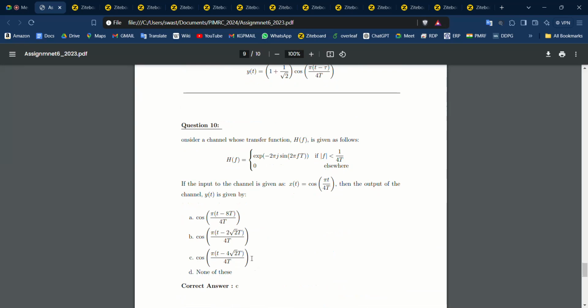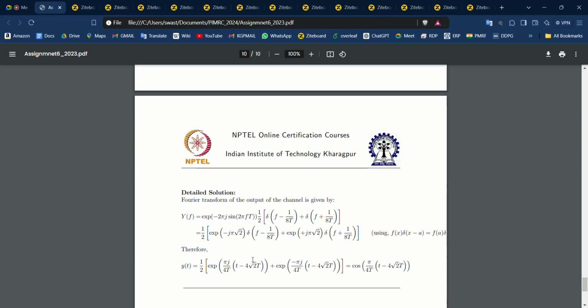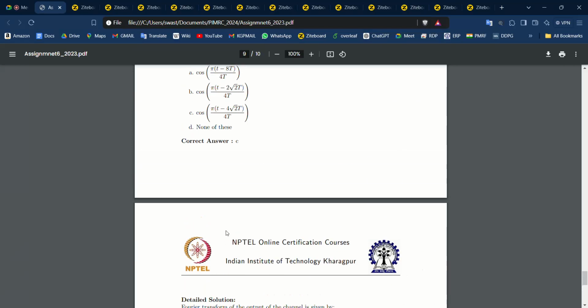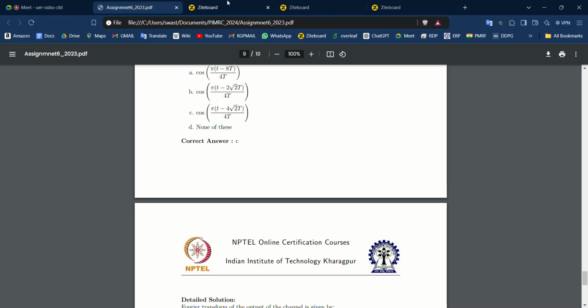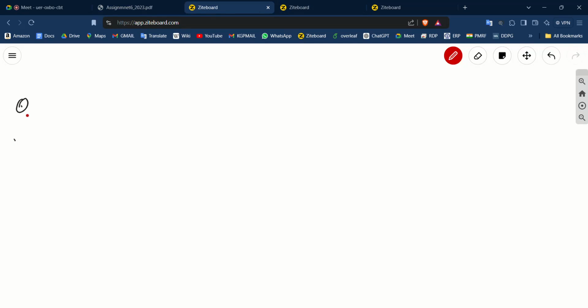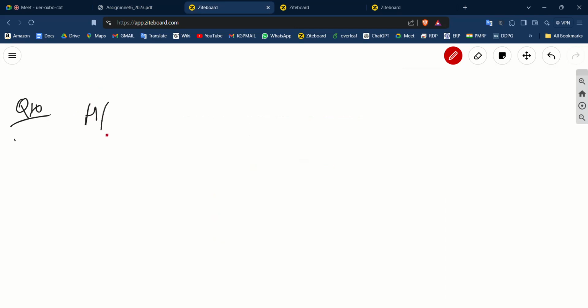Here it is e to the power minus 2 pi j sine 2 pi f t. In question number 10, the H(f) is given as e to the power minus 2 pi j sine 2 pi f t.